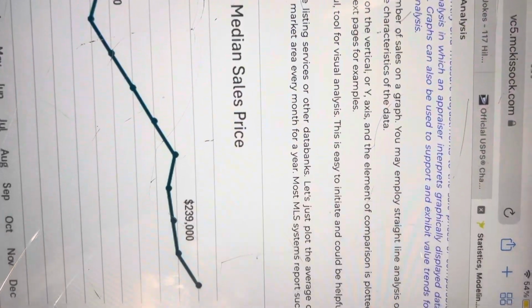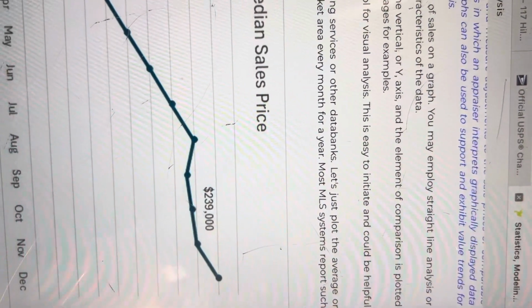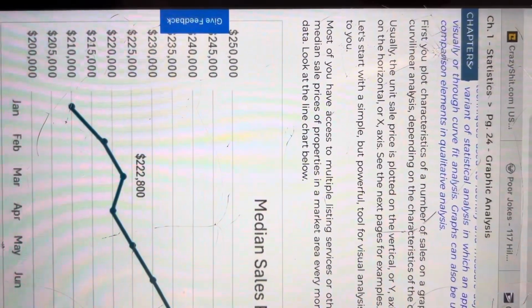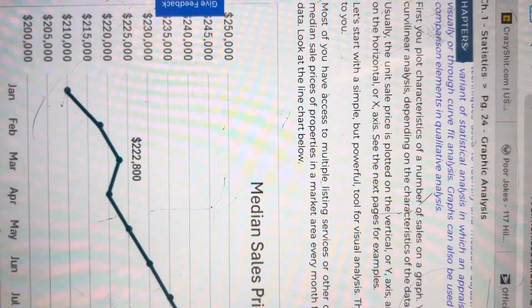Graphs can also be used to support and exhibit value trends for comparison elements in qualitative analysis.